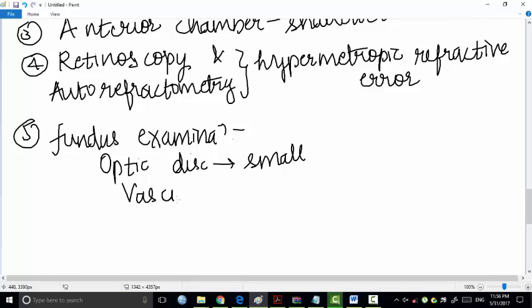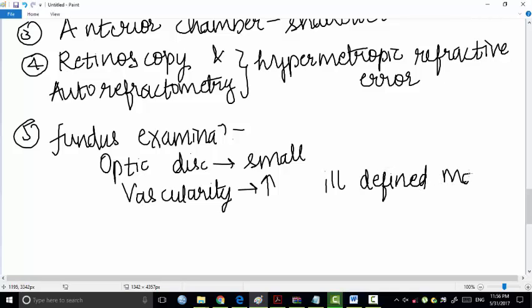Vascularity will be seen increased, and there will be ill-defined margins.